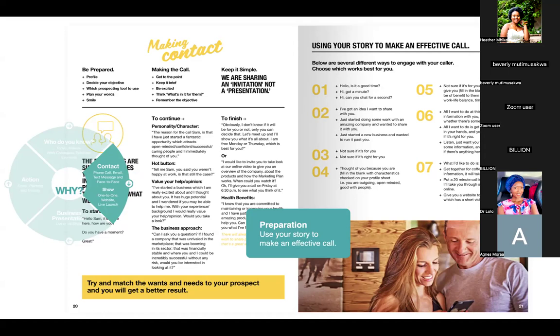But if it's someone that you do know, you can actually use that approach where you get to ask them questions. And the reason is, when you ask them a question, you want them to respond, and then you want to show them that you have a solution for the issues that they have.